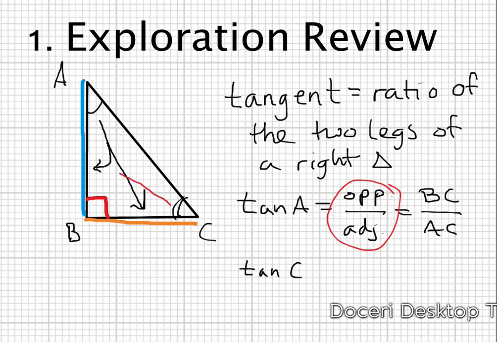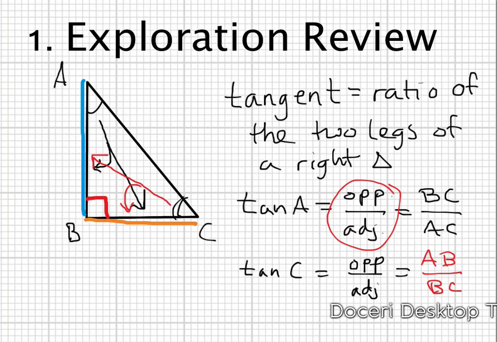So I still do opposite over adjacent. The difference is which side is considered my opposite leg from C. From angle C, AB is my opposite leg, and BC is my adjacent leg.